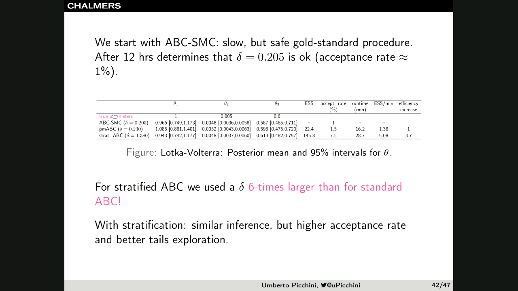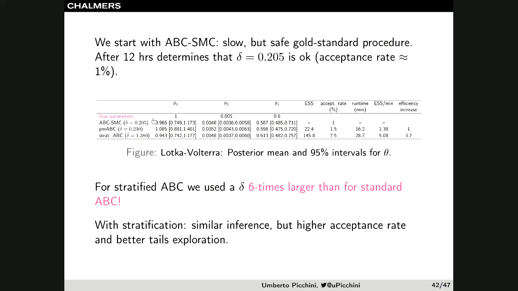So we have these 3 different results: ABC SMC with this delta, pseudo-marginal ABC with 500 simulated datasets at each iteration. We have to run it with a slightly larger delta, or this ABC MCMC doesn't really produce any acceptance, so it's slightly larger. And then our stratified ABC with a delta which is 6 times larger than this one.